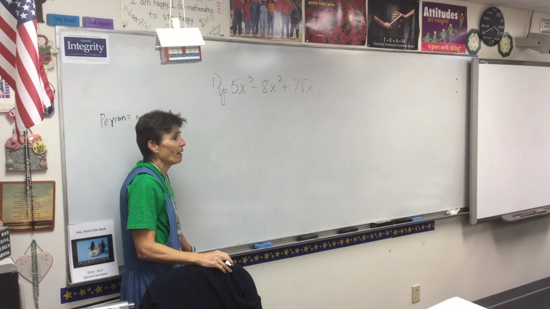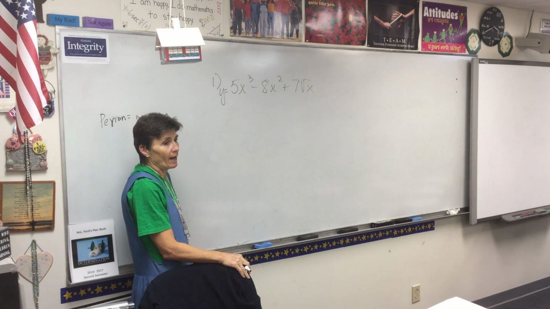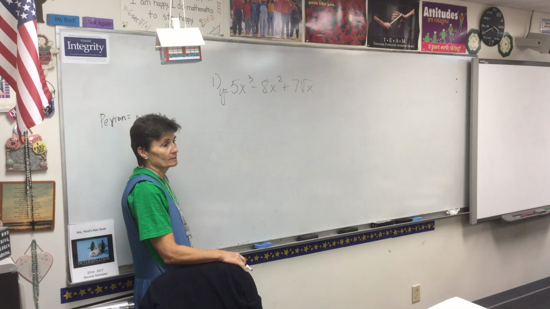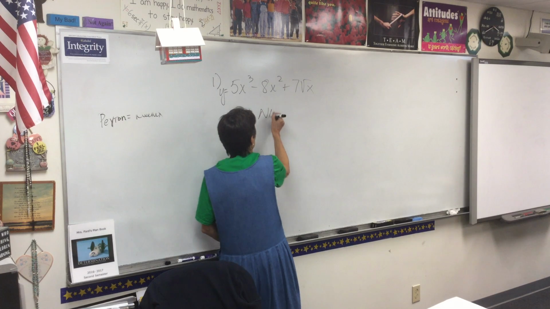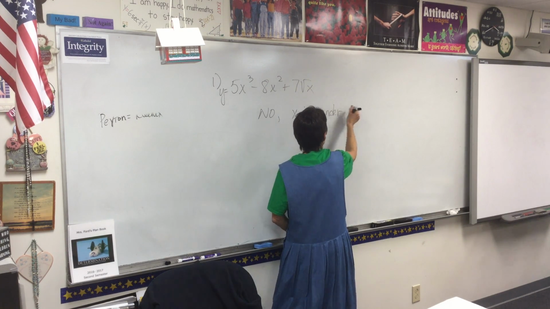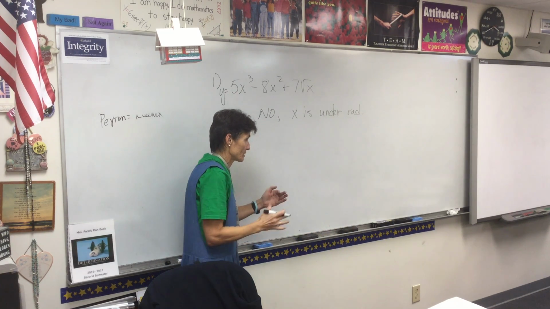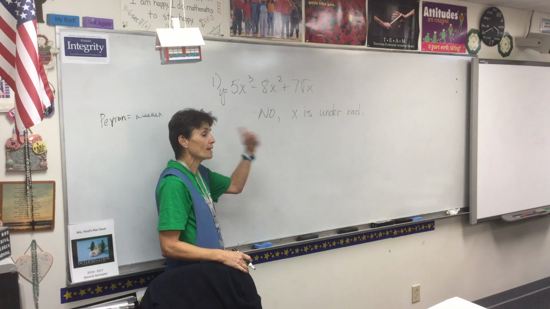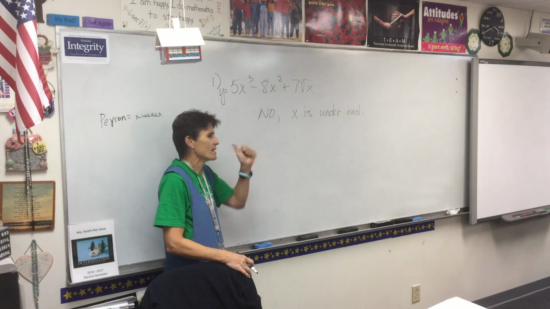Is it a polynomial function? If not, why not? So the answer would be no, because x is under the radical, just like Brooke said. Now, let's review the other rules. One way you cannot be a polynomial is to have an x under a radical. What are the other things?